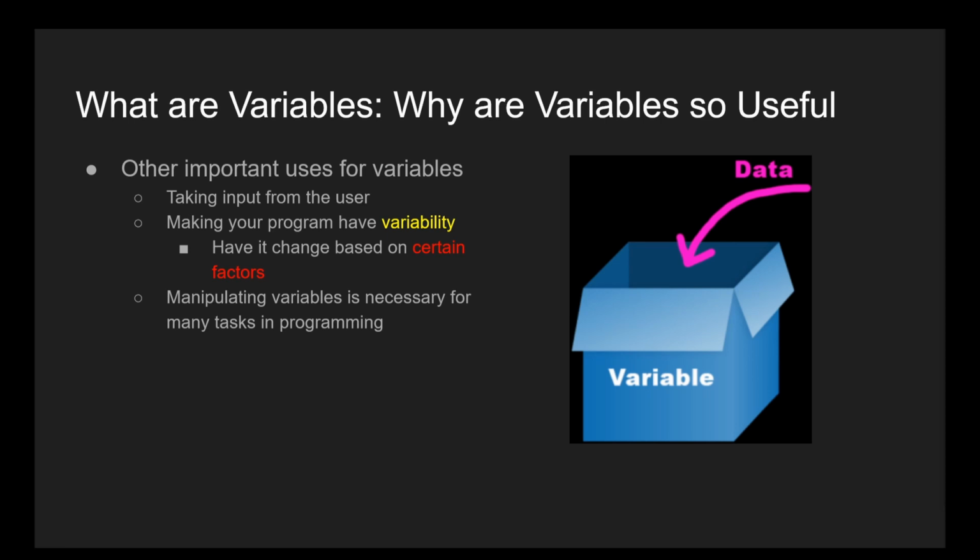For instance, multiplying int variables or concatenating string variables. Overall, variables are the backbone of any good program, and you will find yourself using them often if you want clean and efficient code. So it's best that you learn what types of variables you need to use and when.